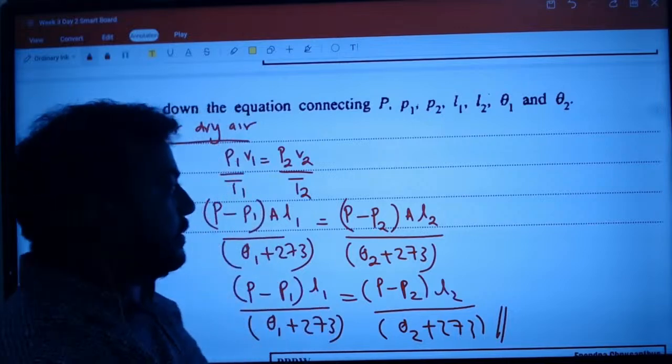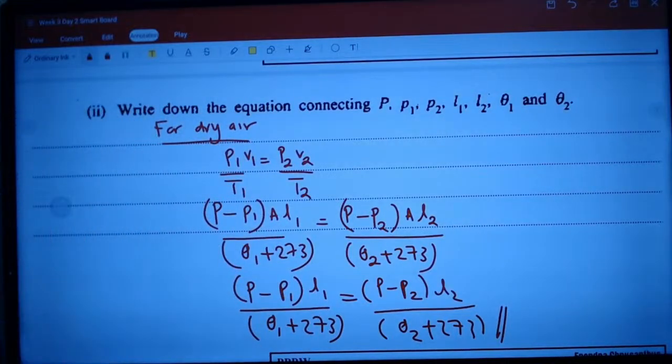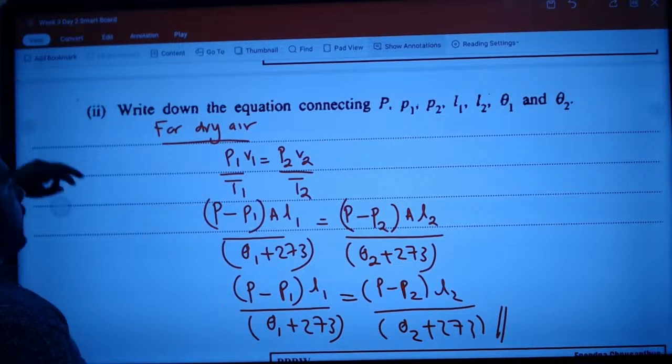We can apply gas laws only for unsaturated vapors or air.